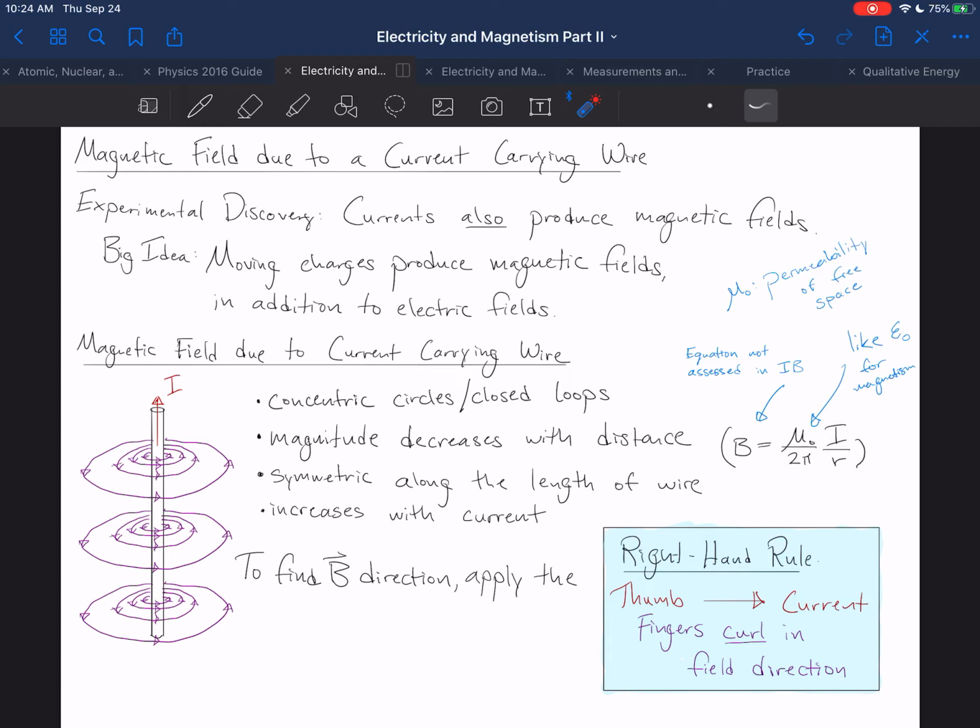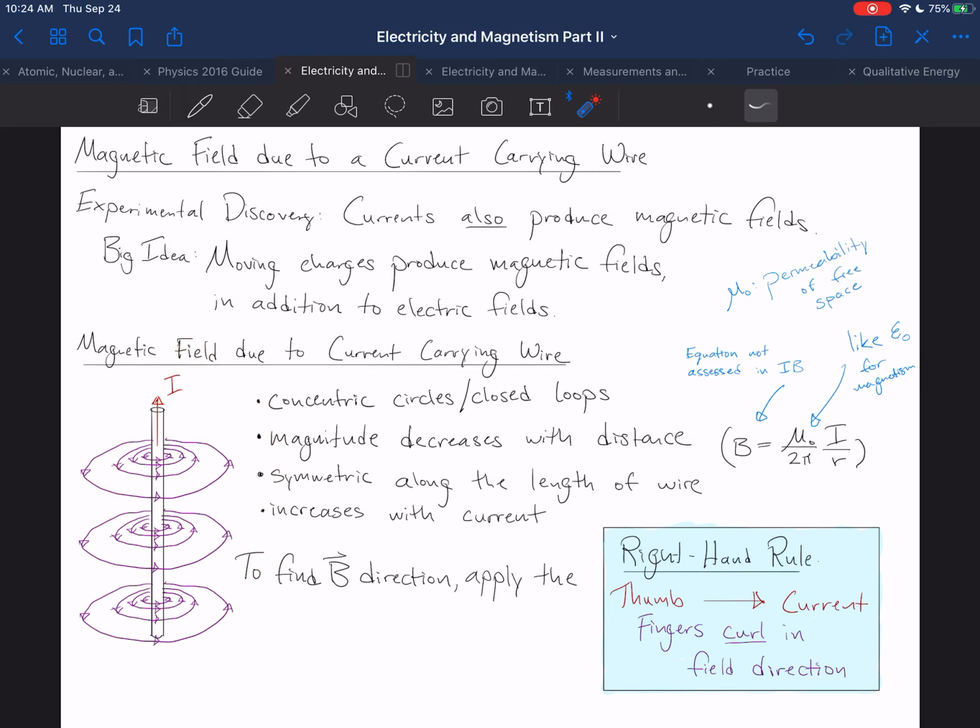That's the proportionality constant. Again, you won't need to know this formula for the IB, but it can make some things clearer, and we're going to use it in a couple of derivations later on. So this is the magnitude of the magnetic field for our current carrying wire.